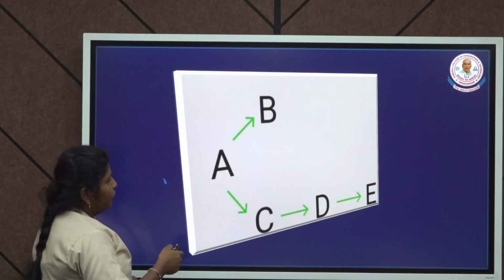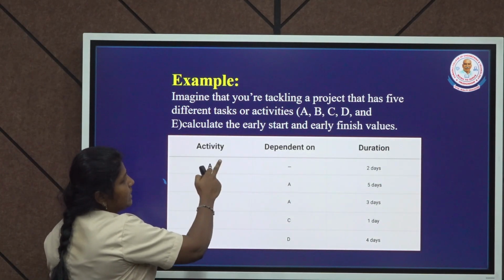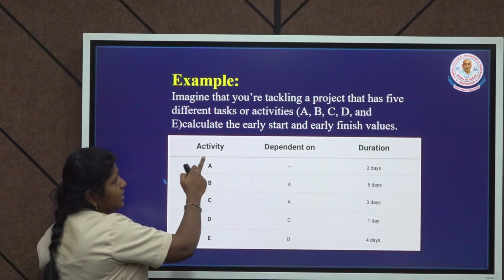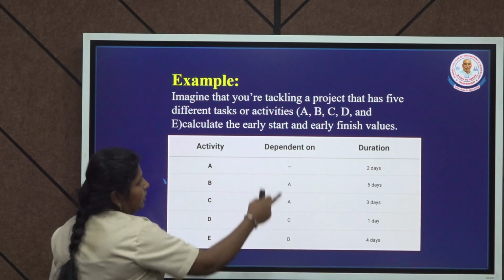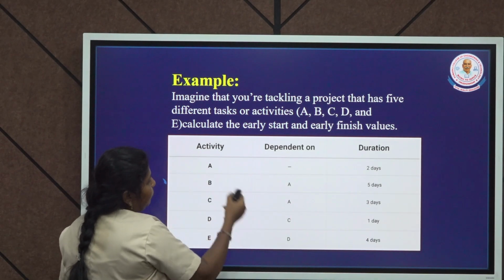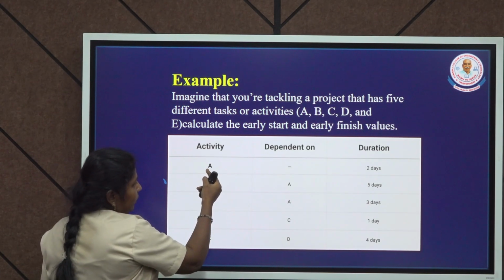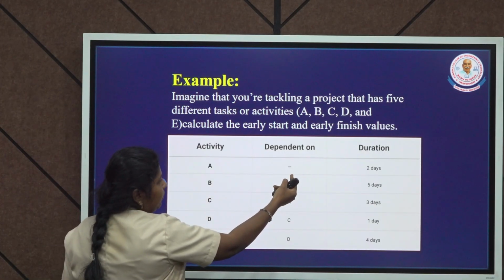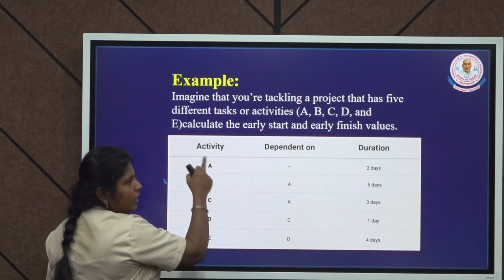Previously, you saw that the labels given are activity, depends on, and duration. Depends on means whether an activity depends on any other activity. Activity A depends on nothing, so A is the starting node.